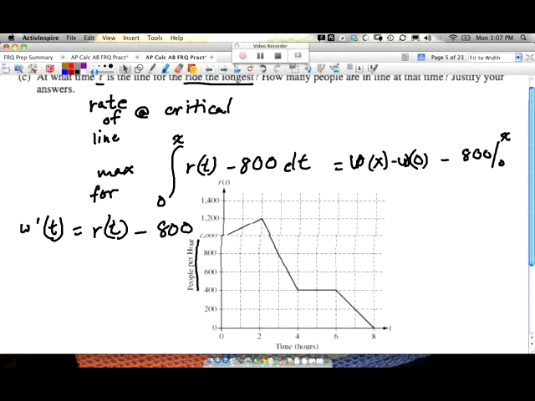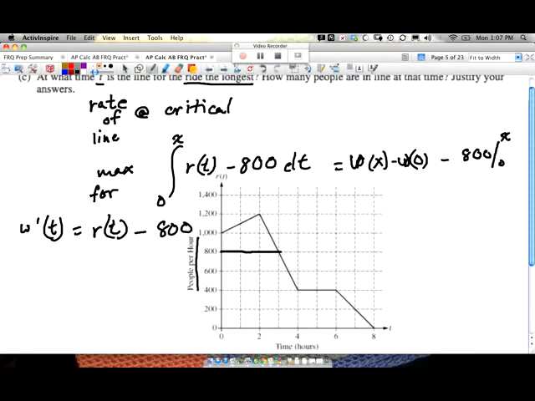Next page. So again, we start with this 800 line, and notice that we have R of t, this is the people going out, this is the people going in, and it's greater here, but then right here things change. The in is less than the out. So this is a potential max. That's a relative max. But we'd also have to figure out what this area is all the way down here, and whether there would be people still waiting in line.